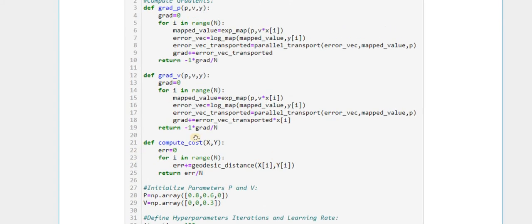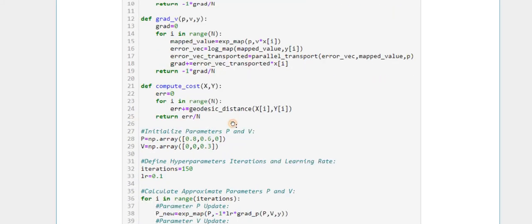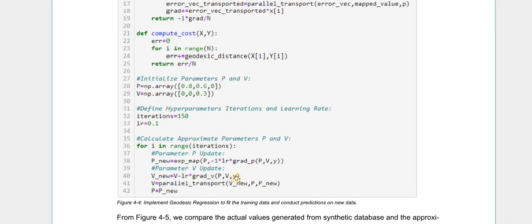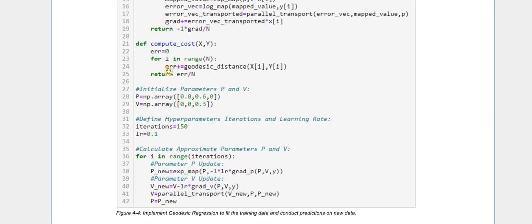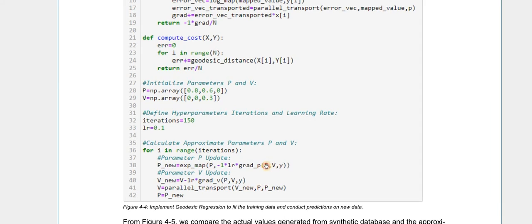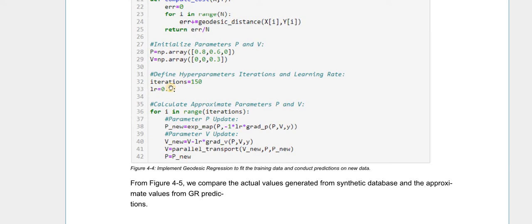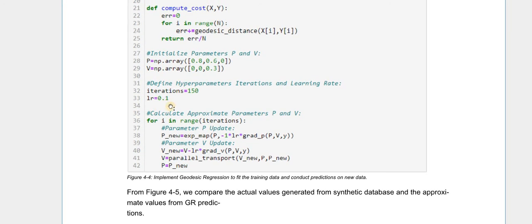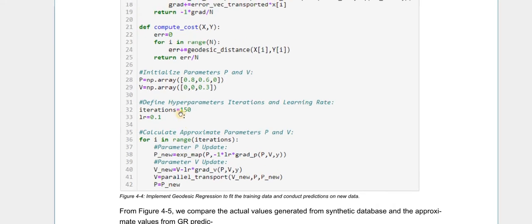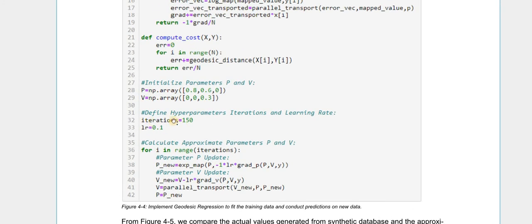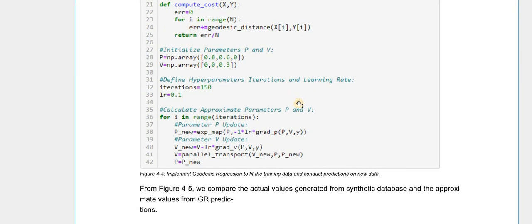From here, we compute the error function, and then we use these gradients to minimize this error function by performing the exponential mapping from the tangent space back to the manifold space. And then we increase the number of iterations, and LR here is the learning rate. As I mentioned, the smaller the learning rate, the better your accuracy, and the more iterations you have, the better you can capture the underlying features of your data.